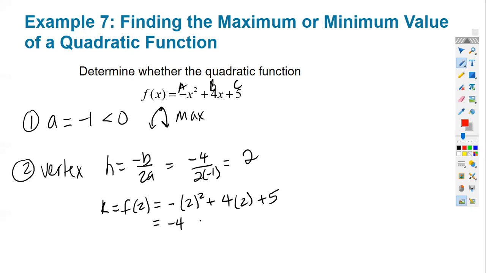That gives me -4 plus 8 plus 5, which equals 4 plus 5, which equals 9. Okay, so I have a max, and my max value is 9.